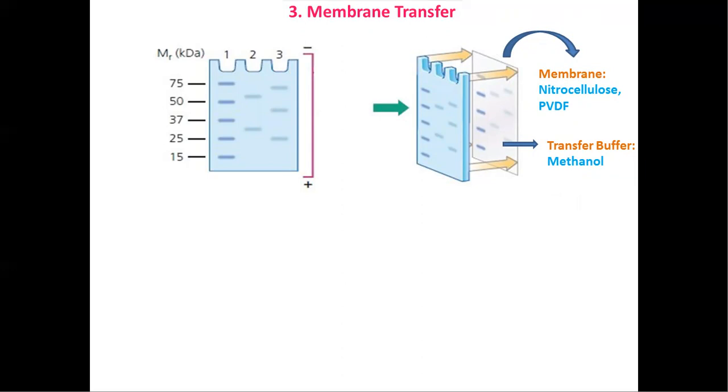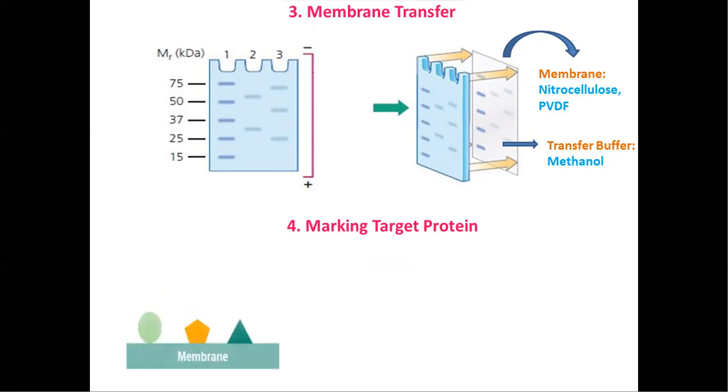Now we are moving to the fourth step, that is marking target proteins. This is the actual step where we can mark our antigen or protein of interest from the rest of the protein molecules on the membrane. We add blocking agents to reduce non-specific binding by antibodies.